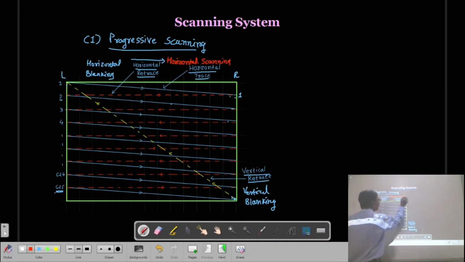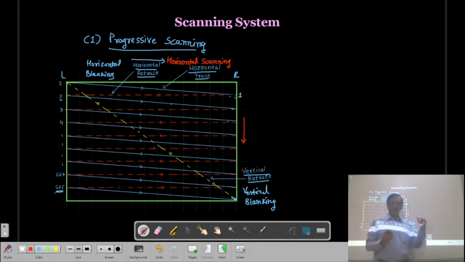Now at the same time, the electron beam is also moving from top to bottom. Here you can see whatever the line is there, this line is not exactly horizontal, but it has some slope. So due to this, when it is coming back for the next line, there will be some distance. Otherwise, what will happen? It will go on scanning on the one line.